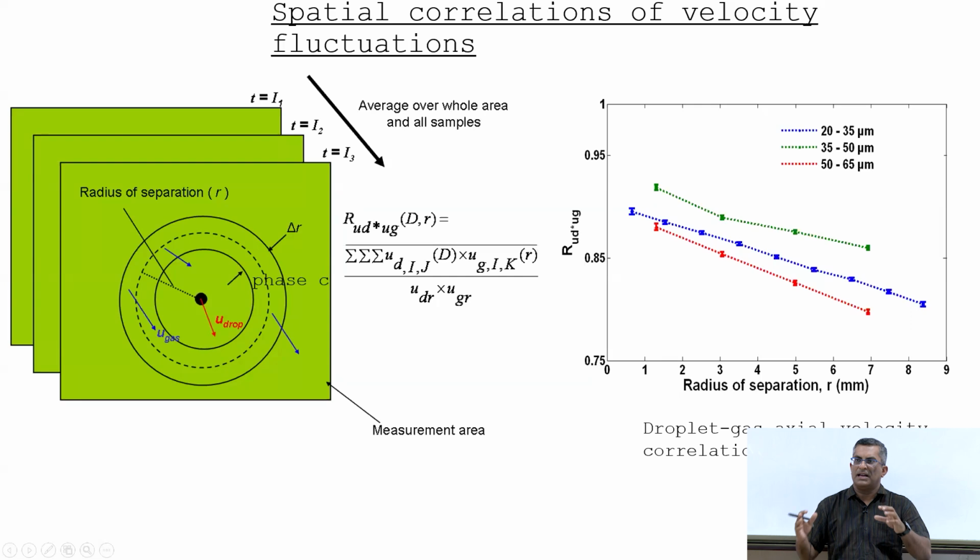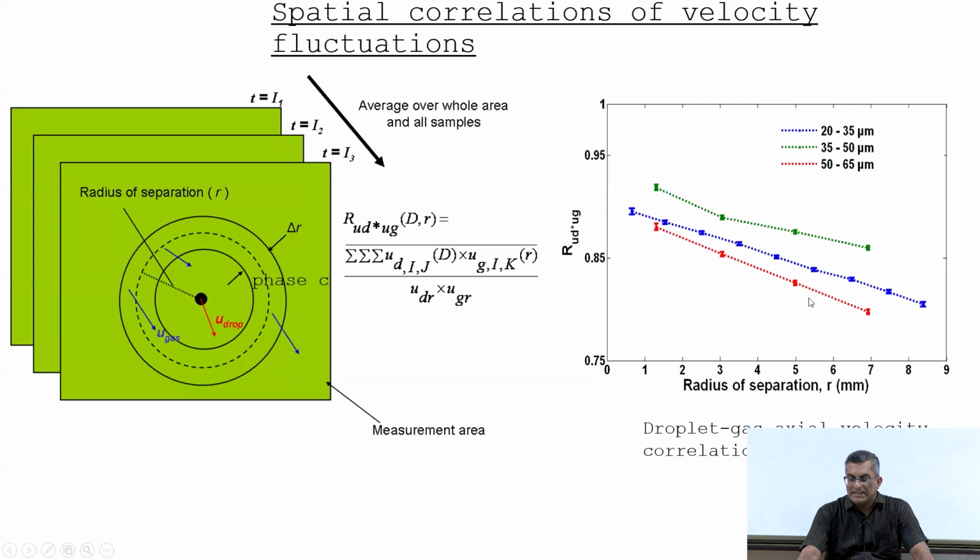Okay, so this means that the particle and the fluid velocities are strongly coupled. So if there are any fluctuations in the particle velocity, the fluid will also realize that, or the other way around. And also you see how the behavior depends on the particle size class.